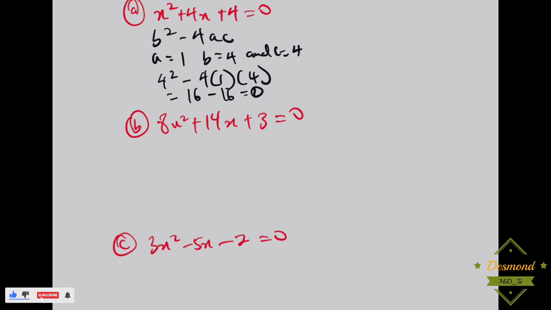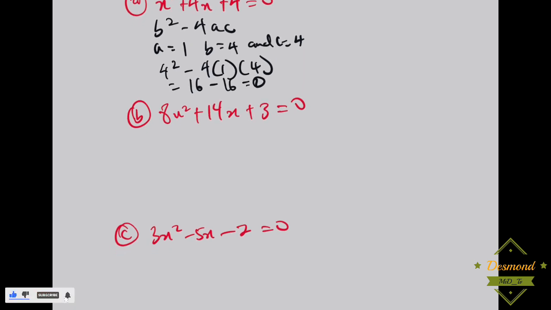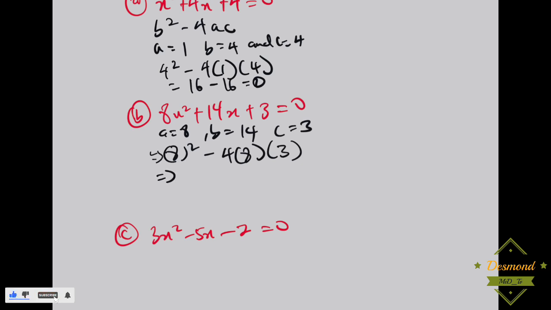Now let's go into question B. Here we have 8s squared plus 14s plus 3 equal to 0. A is 8, b is 14, c is 3. When you put it inside, you should get 14 squared minus 4 multiplying 8 multiplying 3, which is 196 minus 96, and everything should give 100, right?